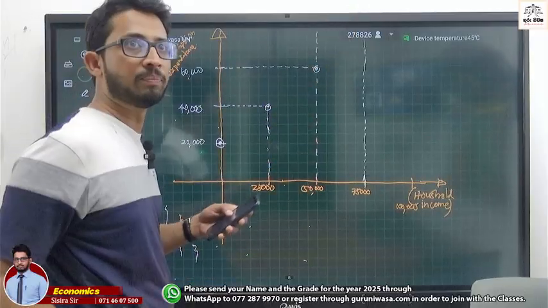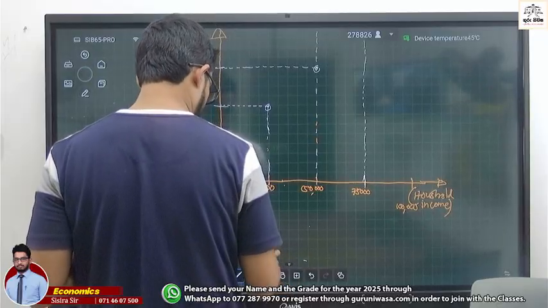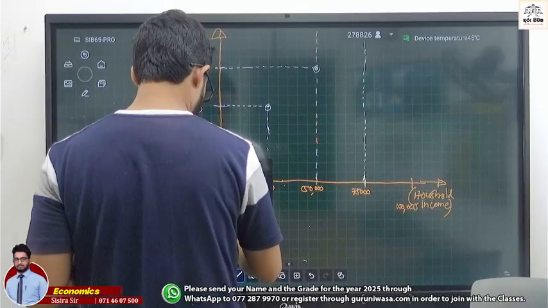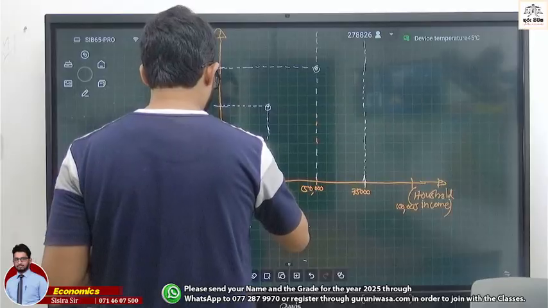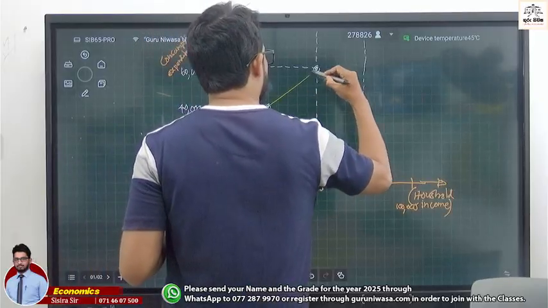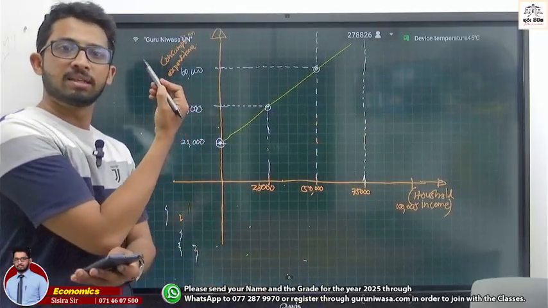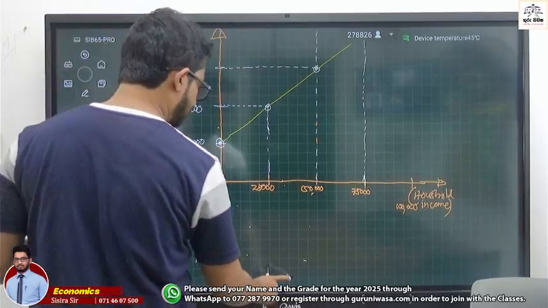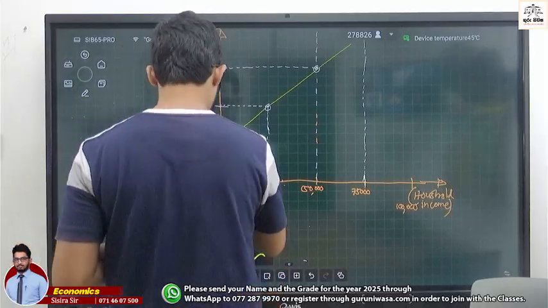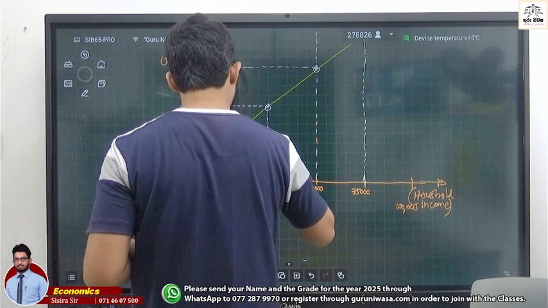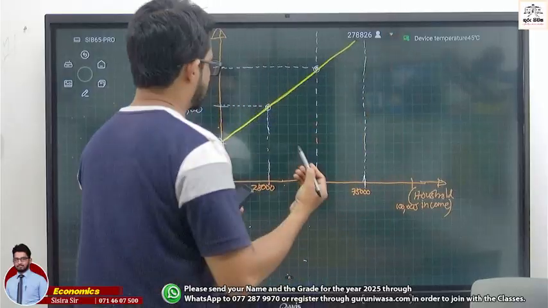Here, you can mark it, and draw the curve. This is the consumption line, lamai.